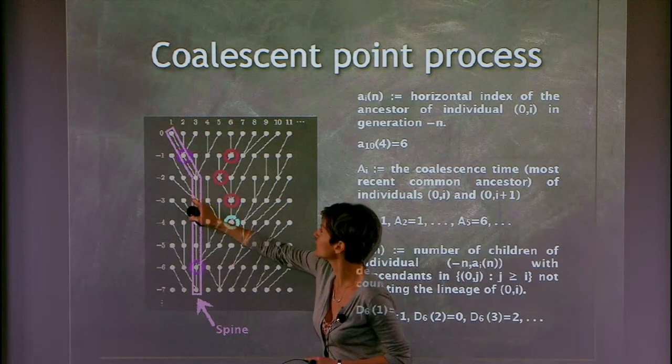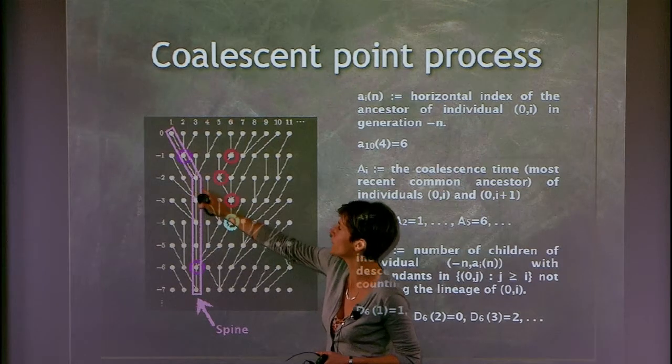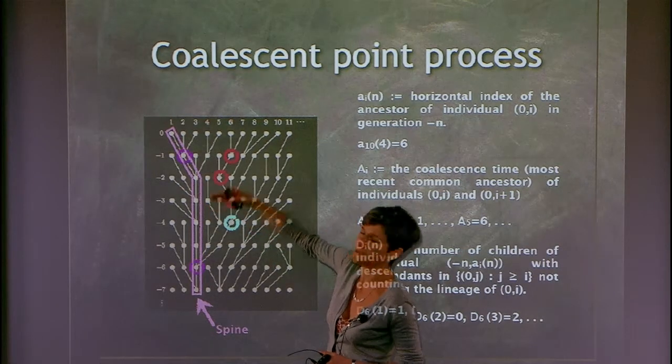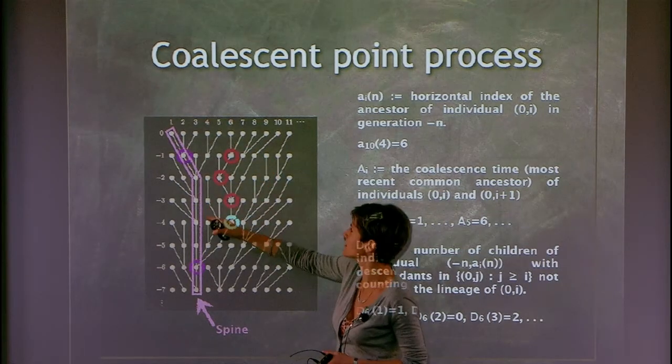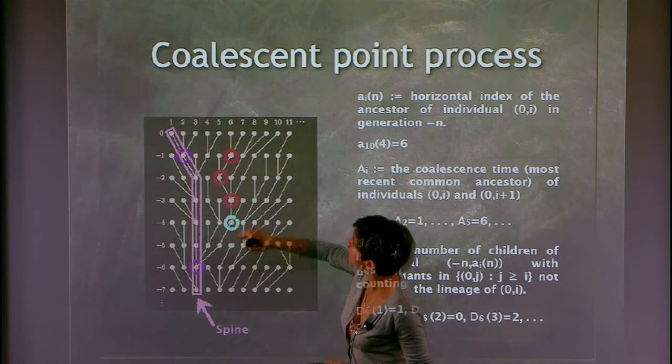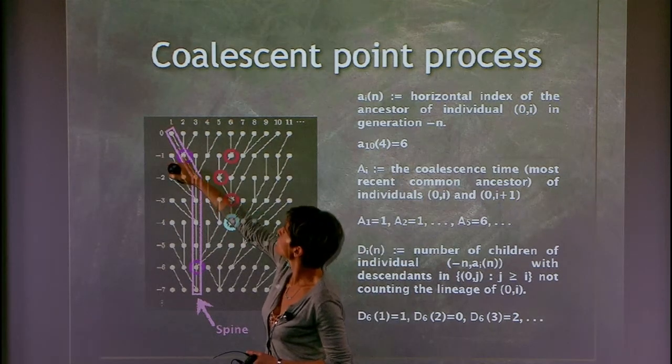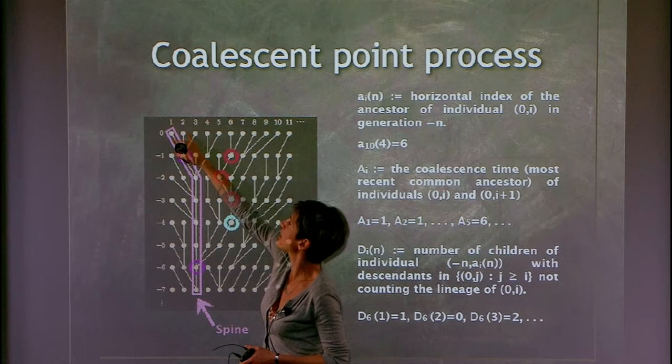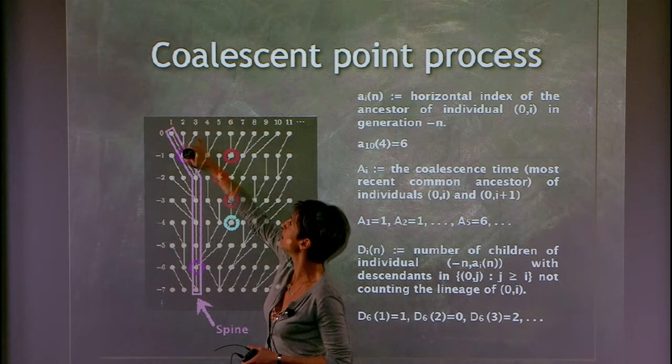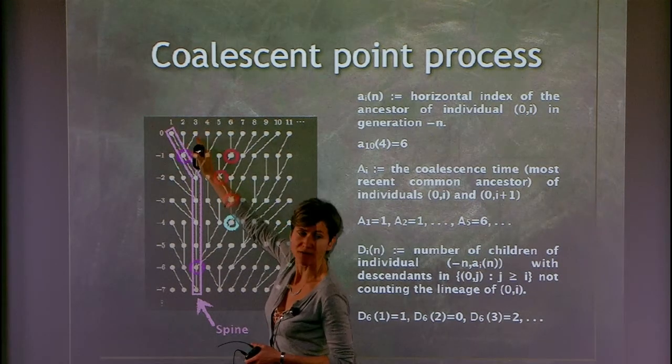This individual here has 3 offspring. How many of those will have any descendants surviving to the present time? And for instance, this one has 3, but by the time you come to the individual 3, only one of them is left.